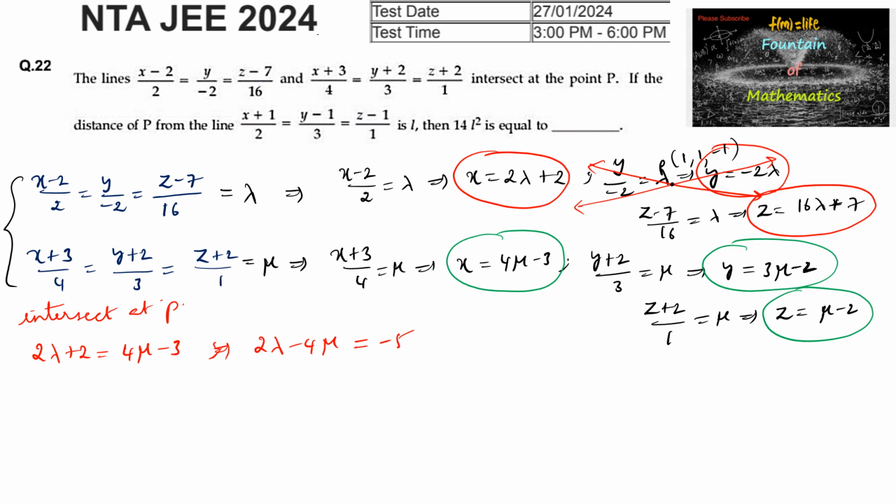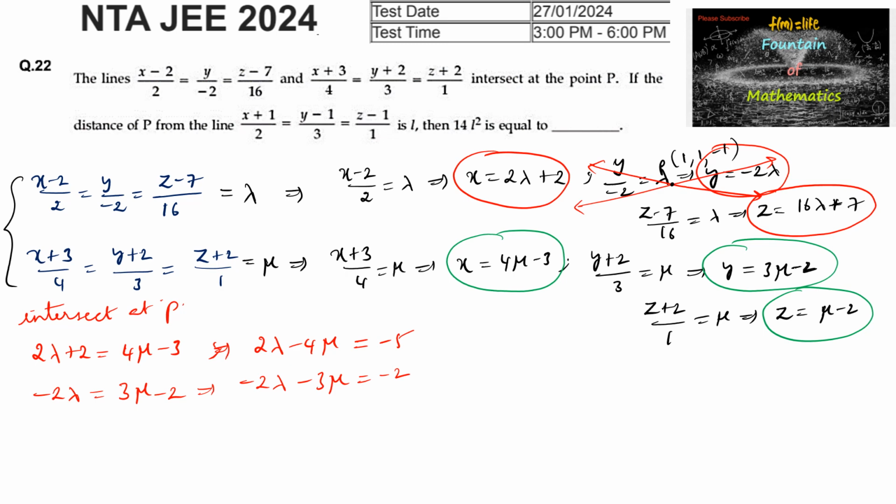And also y coordinates: minus 2 lambda is equal to 3 mu minus 2, or we can write it as minus 2 lambda minus 3 mu is equal to minus 2.